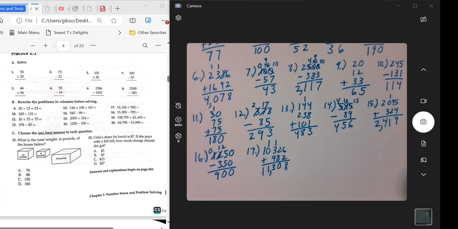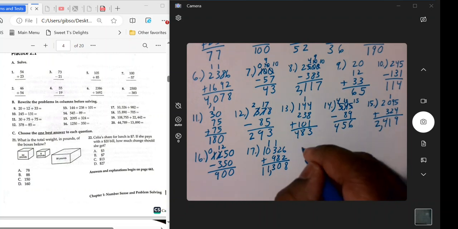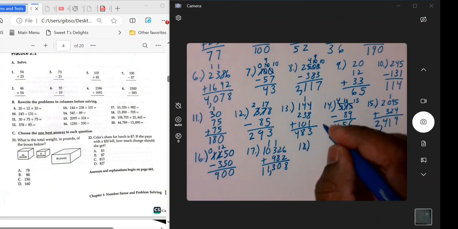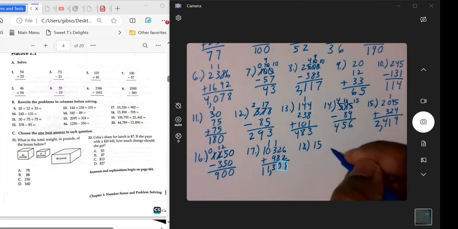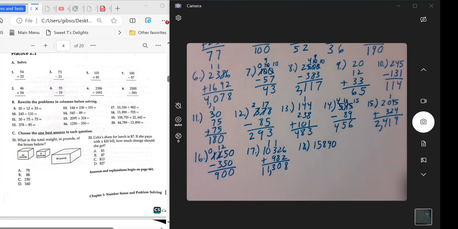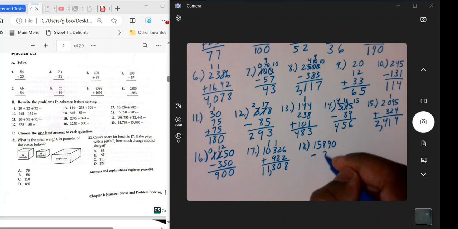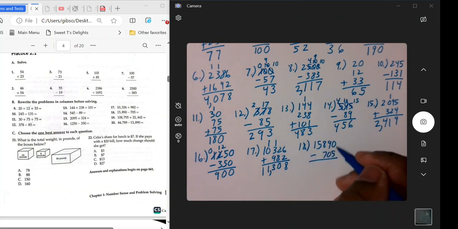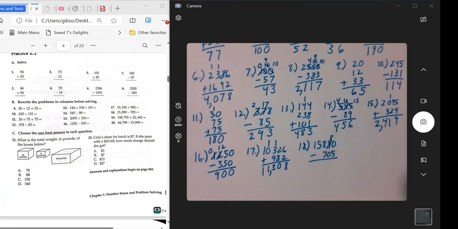Okay, now we go to 18. We have a five-digit number minus a three-digit number. So we have 15,890 minus 705. So now we cannot subtract 5 from 0, but we could borrow 1 from the 9 to make it 8.